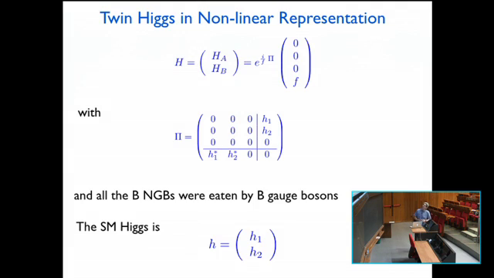So if you go to the nonlinear representation, this becomes clear. Here are our 2 doublets, but I can write them as the Nambu-Goldstone bosons exponentiating, with some VEV f. And here in the Nambu-Goldstone matrix, we write the 4 degrees of freedom that I will use for the Higgs doublet, which is right here. All the other 3 NGBs are eaten by the SU(2)_B gauge bosons in this formulation.